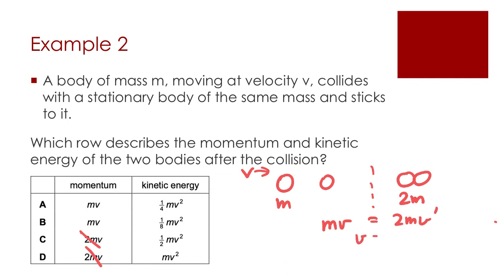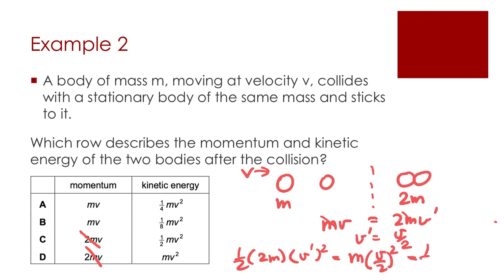So v prime is going to equal 1/2 of v. So if I look at the kinetic energy afterwards, I'm going to have 1/2 times 2m times v prime squared. So that's going to give me just m times (v over 2) squared. Gives me 1/4 mv squared.